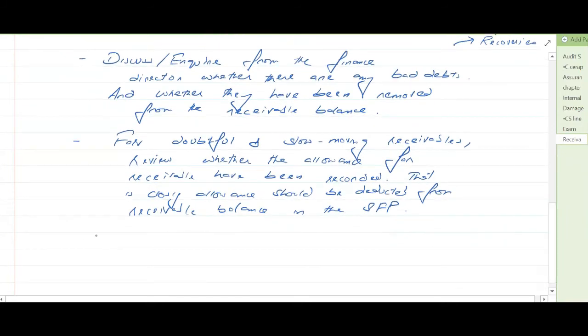Now for disputed receivables, review the board minutes, because if there are some disputed receivables, there will be discussion in the board minutes.